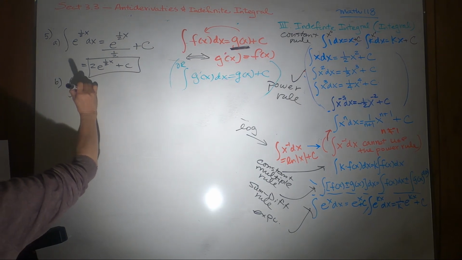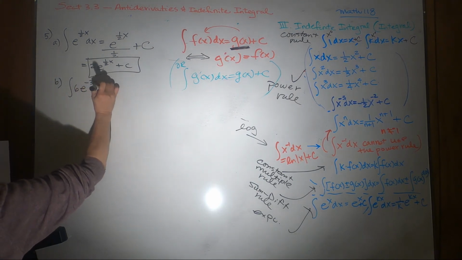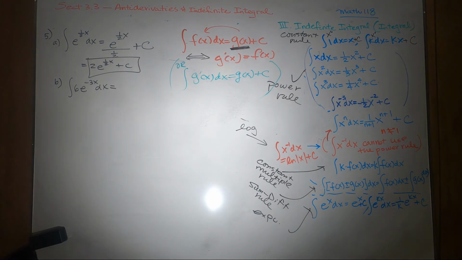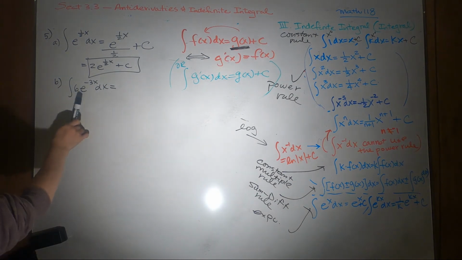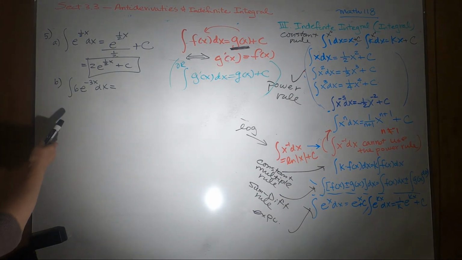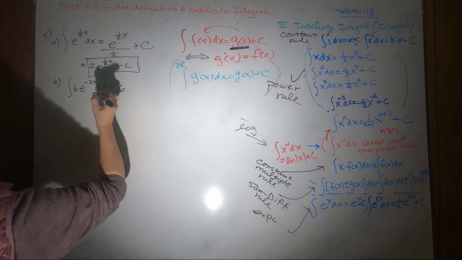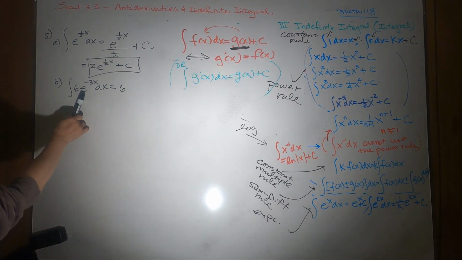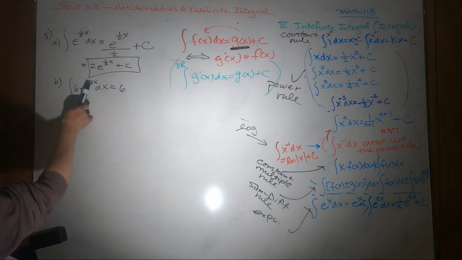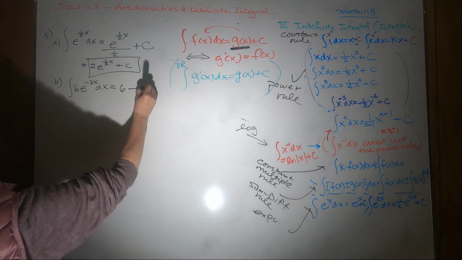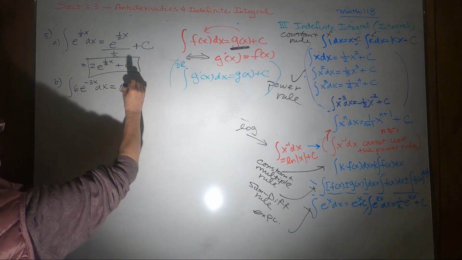If you have 6e to the negative 3x dx, we are going to combine what? The constant multiple rule. If there's a constant, just take the constant outside, right? So 6, then you do the antiderivative of e to the x power. Then it's not x, you have k, so you need to divide by k.